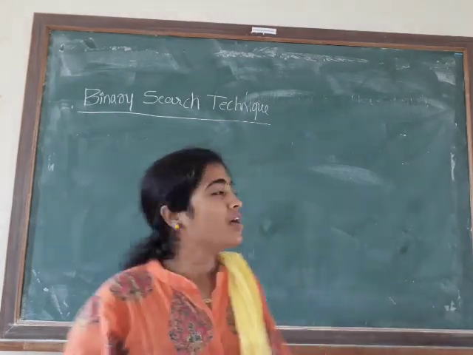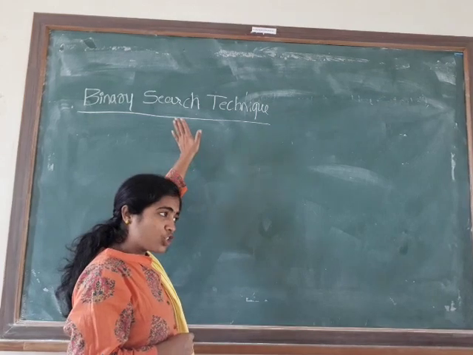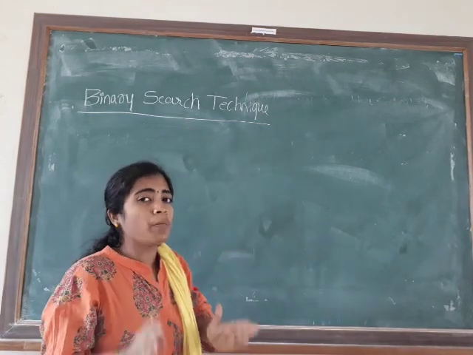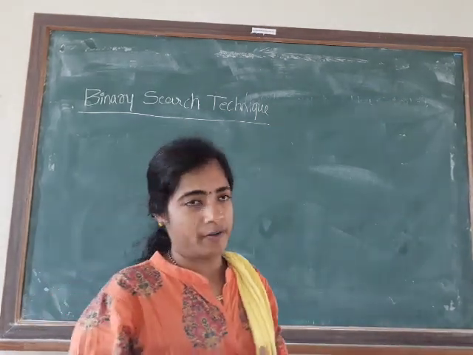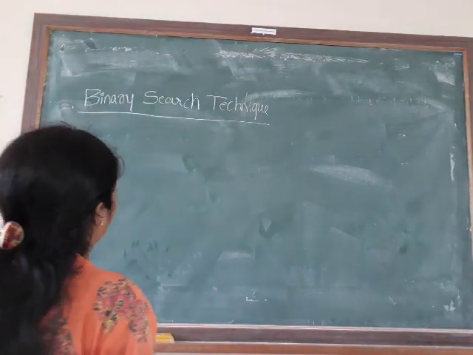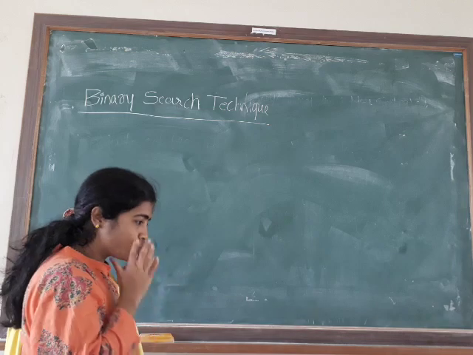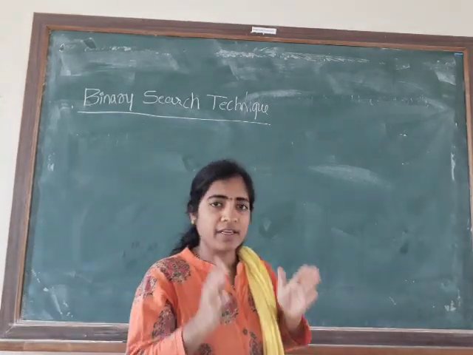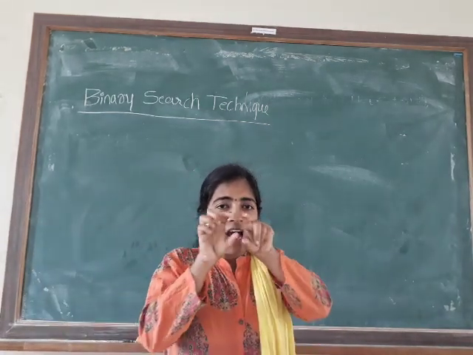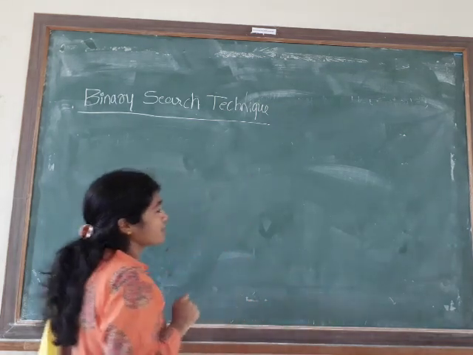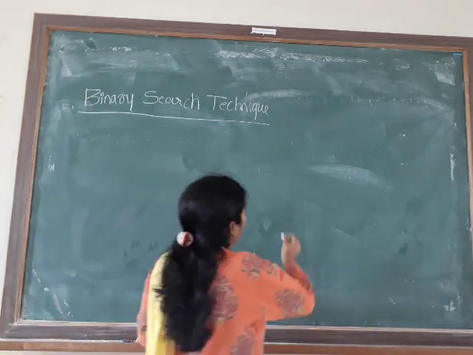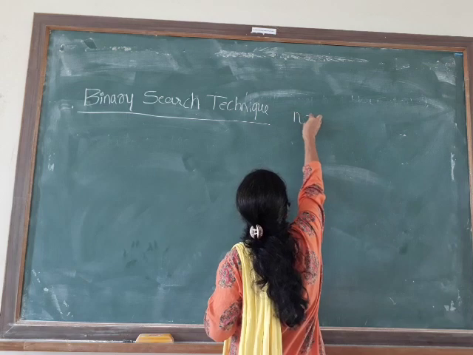technique. Because for the binary search technique the input must be in ascending order, in the sense that to search any given array element in the list, those array elements must be in ascending order. For example, again I would like to take an example here.